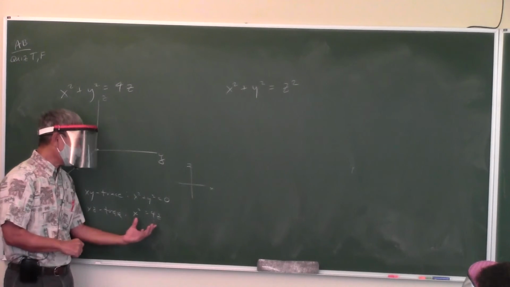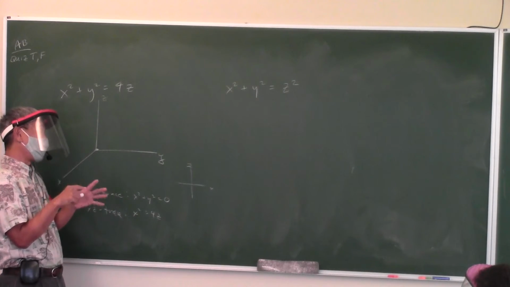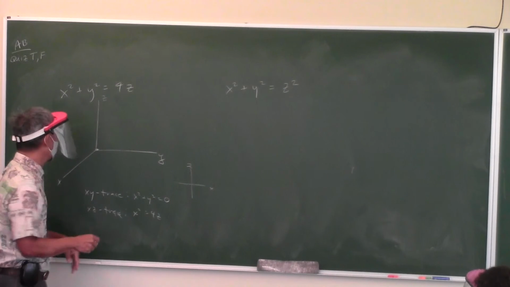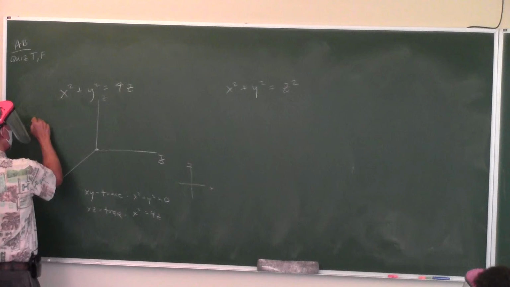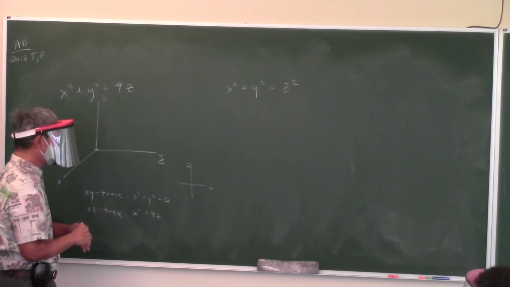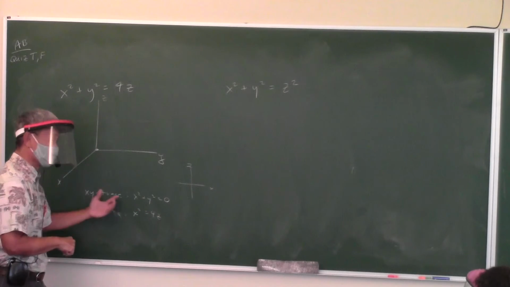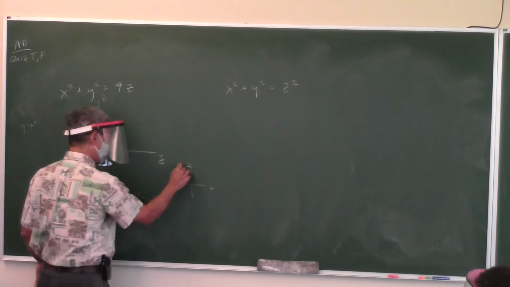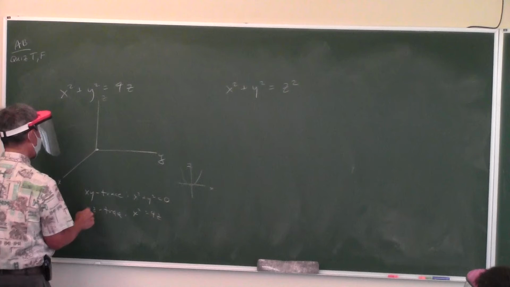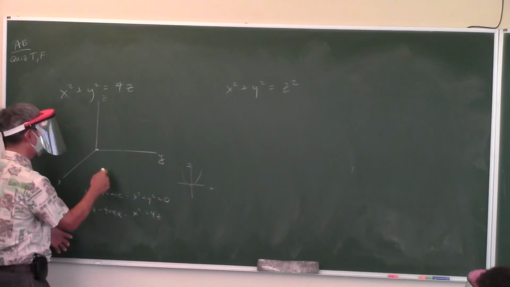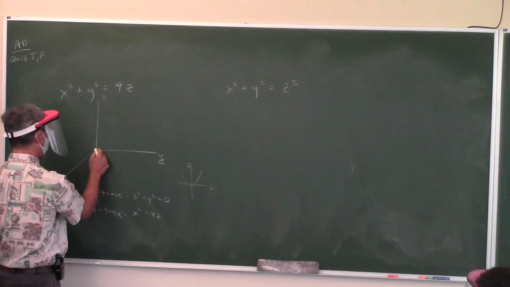Okay, just think about it. Which way does y equal x squared open? You can think of z as the y-axis, so this is like y equals x squared, right? So it opens up. In the XZ plane the orientation is different, but it's a parabola opening up like this.